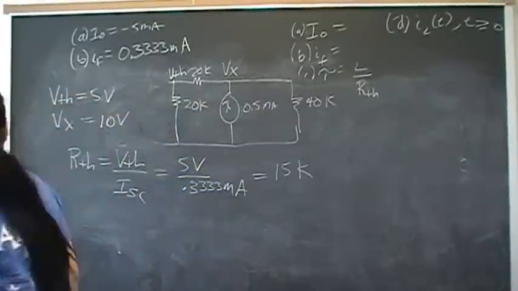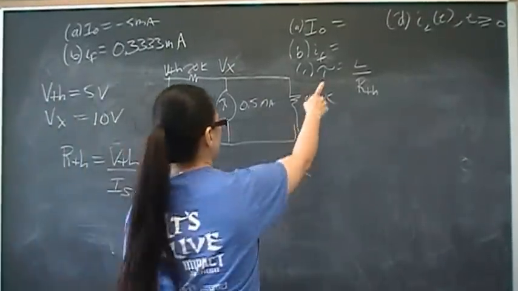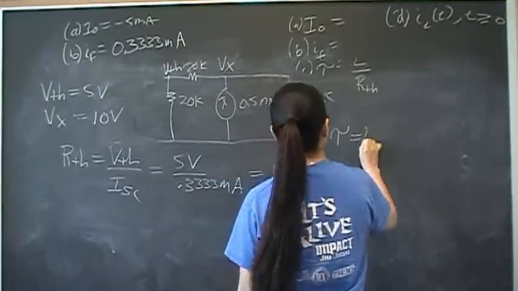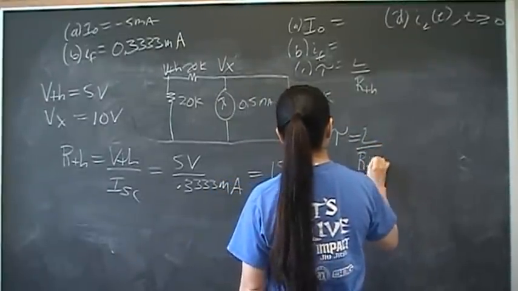Okay, so now we know what R Thevenin is. We were really looking for the time constant, and tau is the inductance divided by R Thevenin.